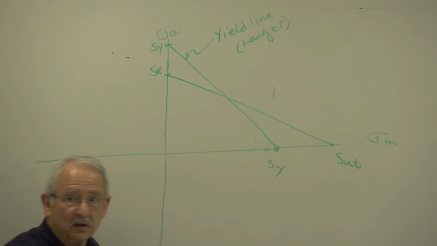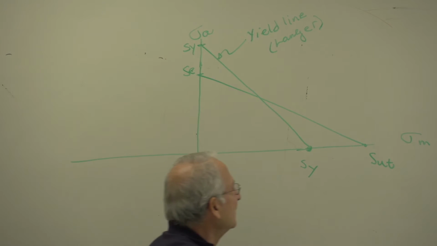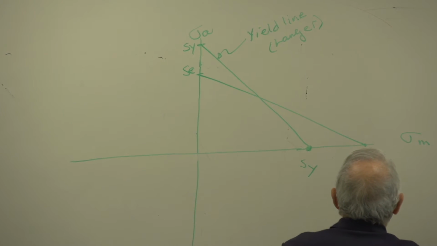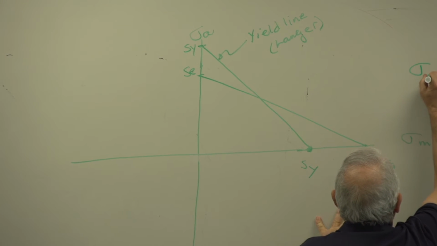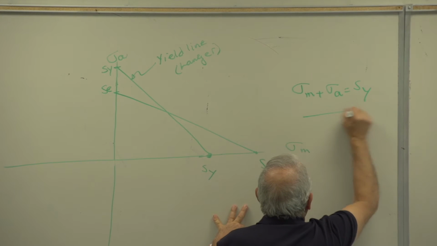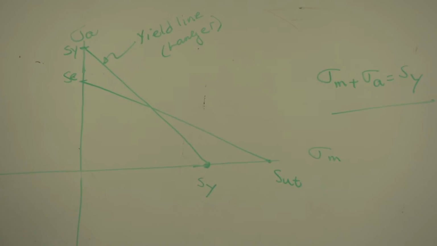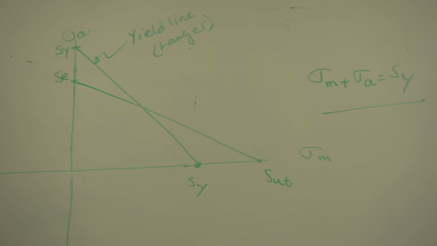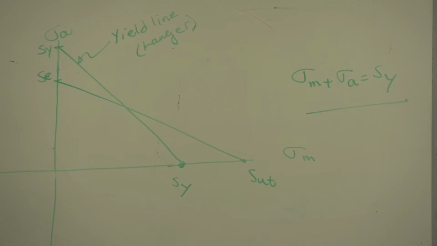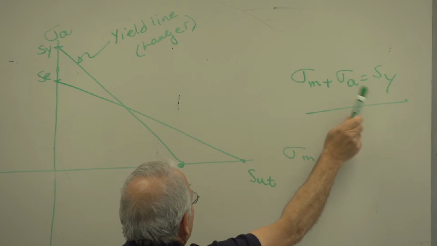Outside will have yielded. The equation of that line is maximum stress is equal to SY. That's the equation of that line. And of course you can check it. Put this one 0, that one is equal to SY. Put that one 0, sigma A equals SY.